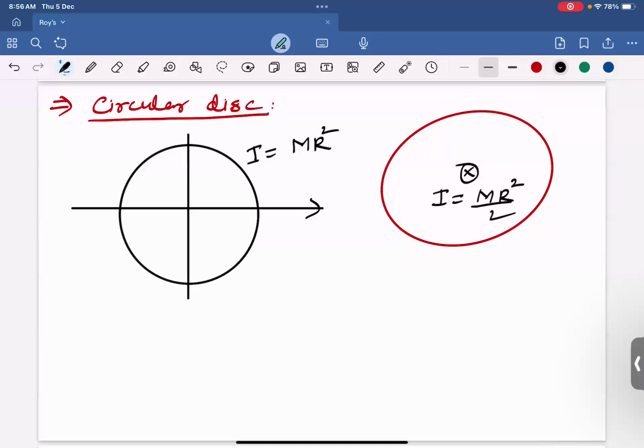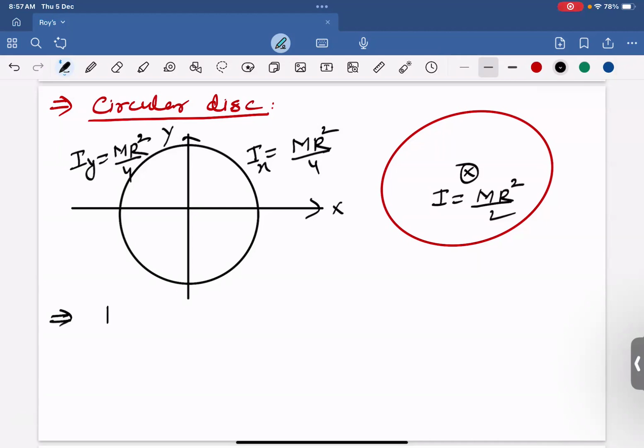If this is the x-axis and this I take as the y-axis, so Ix is mr square by 4, or Iy also mr square by 4. That means any diameter you take, it is going to be mr square by 4, and for the axis that is not in the plane of the disk, that is mr square by 2.